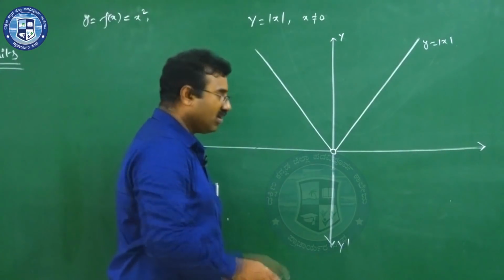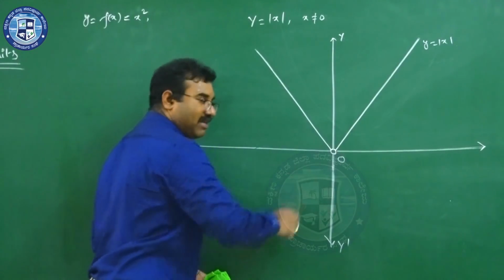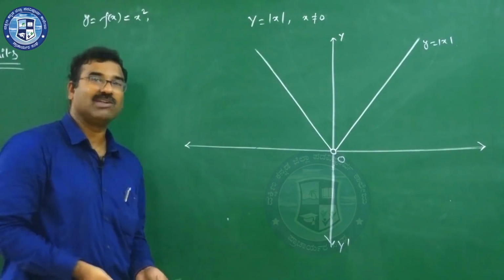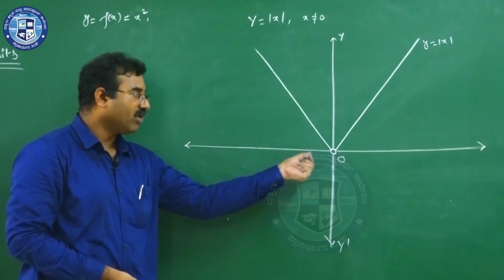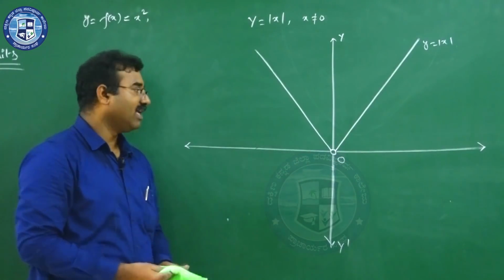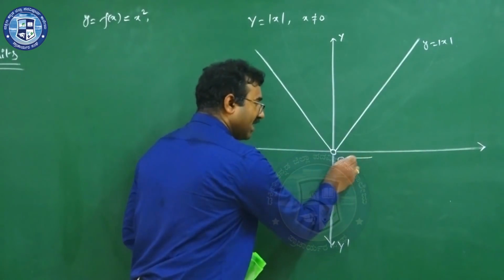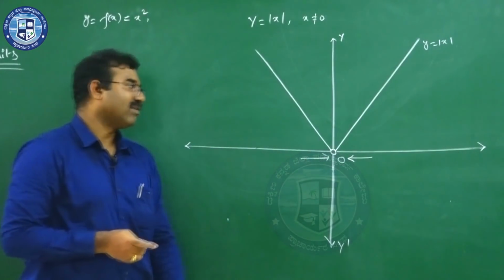But I want to know what is happening to this function at 0. Exactly at 0 we may not identify it, but we can approach 0 either from the right side or from the left side. You can come close to 0 from left and from right also, right?